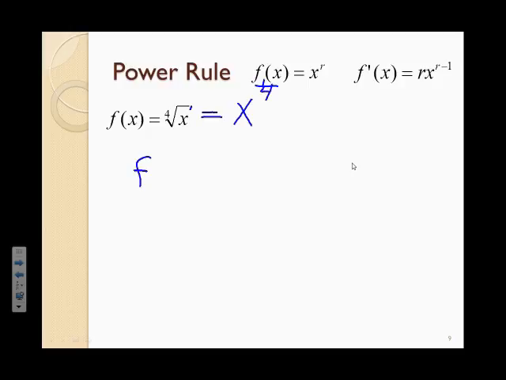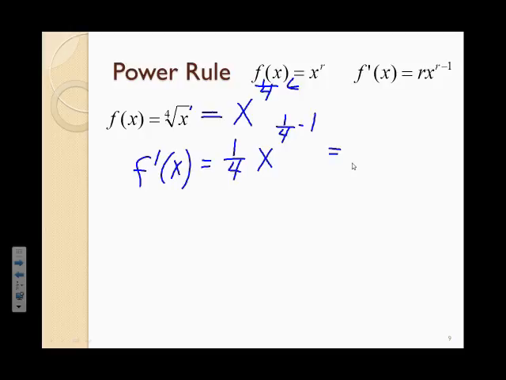So our f prime of x is going to be equal to, well, the exponent is here, this 1/4. So it's going to be 1/4 x to the, we subtract 1 from the 1/4. We reduce the power by 1. 1/4 minus 1.